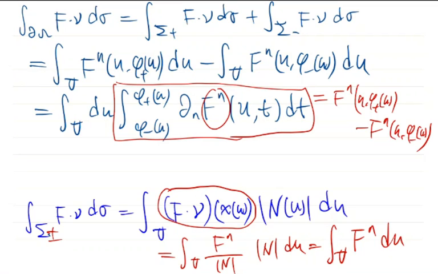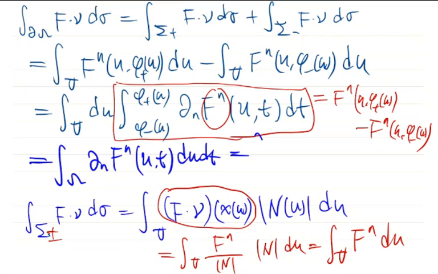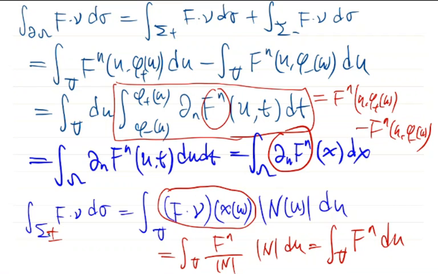So the previous step equals this one, and this result is precisely the integral over omega of this partial derivative over the domain omega.